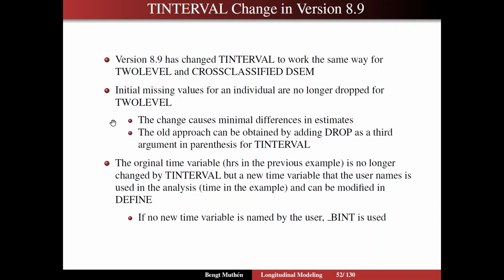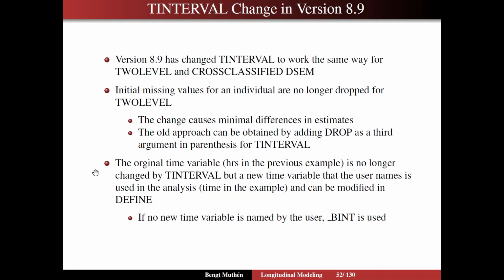And that causes changes that are very, very small in the estimates. So you can ignore differences compared to past runs that you have done. But if you insist, you can get the old approach by adding the setting drop as a third argument in parentheses for T-interval.